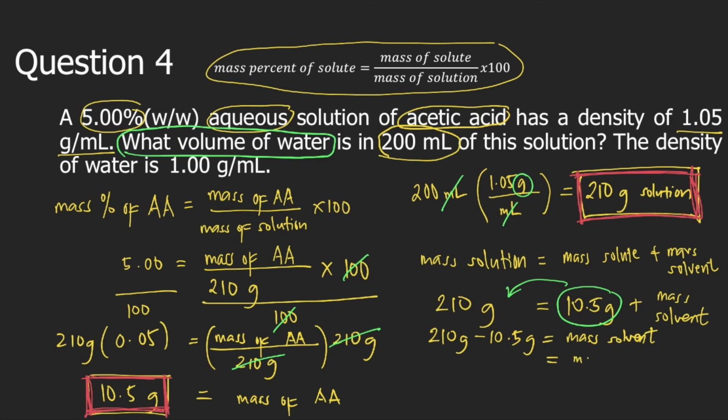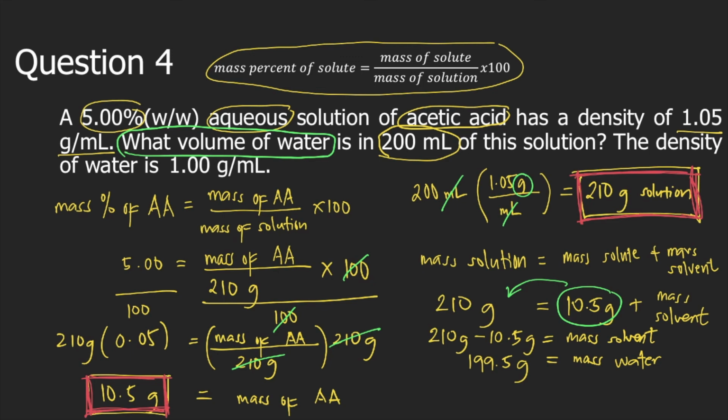So the mass of solvent, which is water, so the mass of water, 210 minus 10.5, that is equal to 199.5 grams of water.